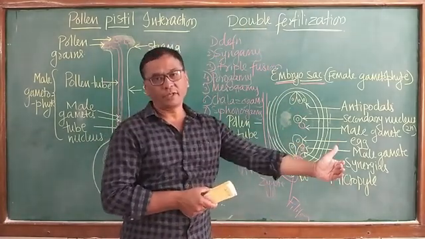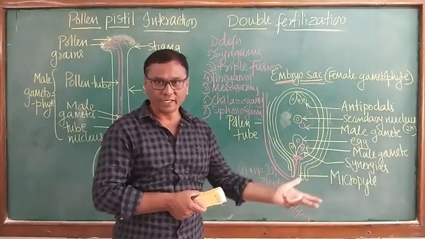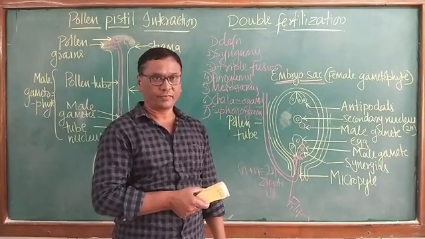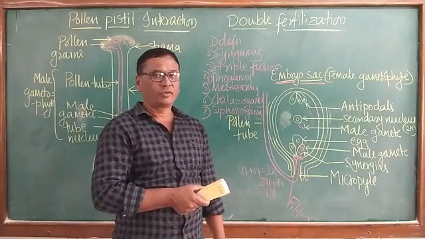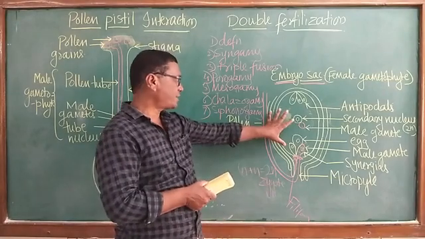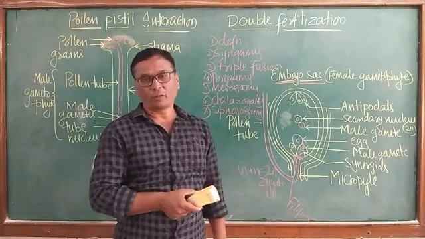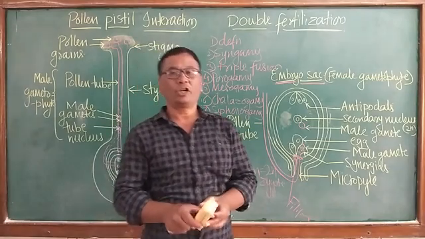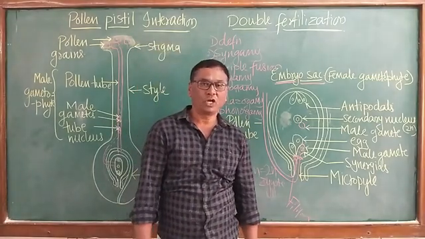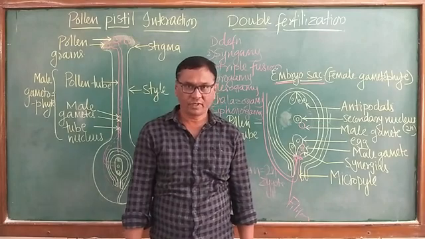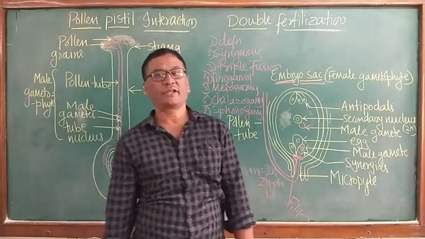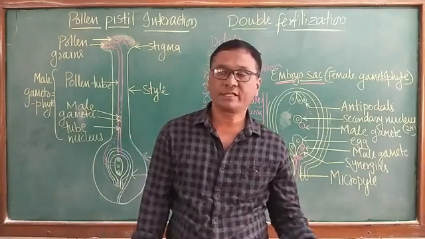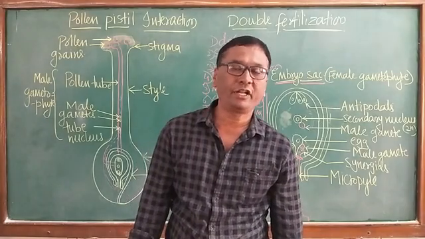The next step in the study is post-fertilization changes, after fertilization. Who was the scientist who first discovered the process? The process of double fertilization was first discovered by a scientist called Navashin. Navashin discovered this first in the family Liliaceae, in plants such as Lilium and Fritillaria.